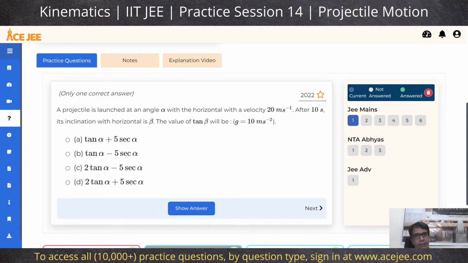Tangent of the angle. Should be option B. Beta, you have assumed that they are talking about the angle beta being the angle that the velocity vector makes to the horizontal, right? Yes, sir.